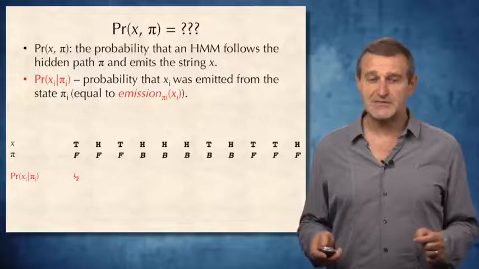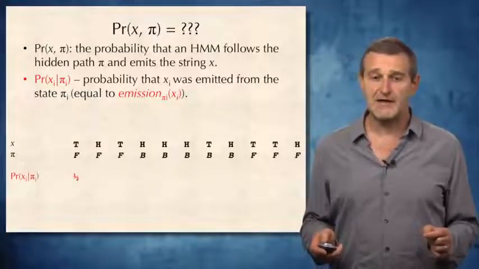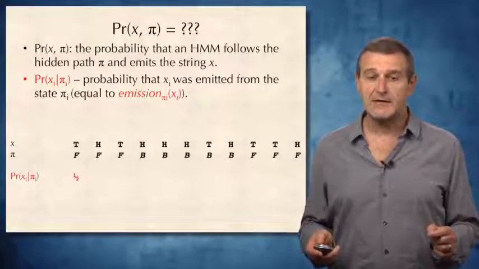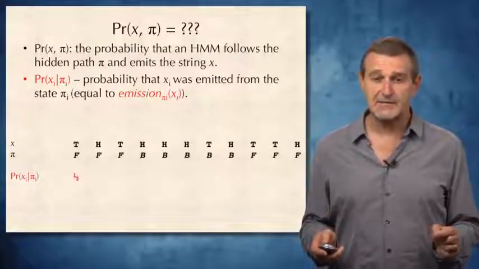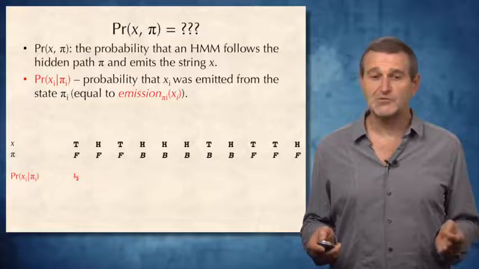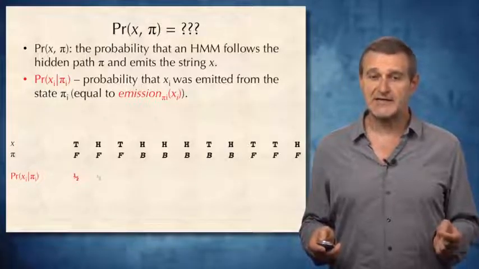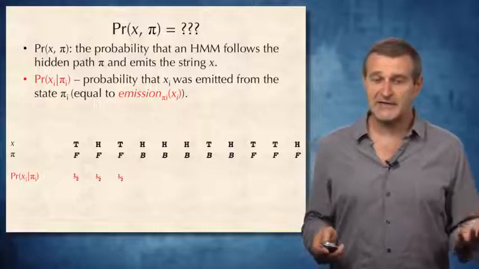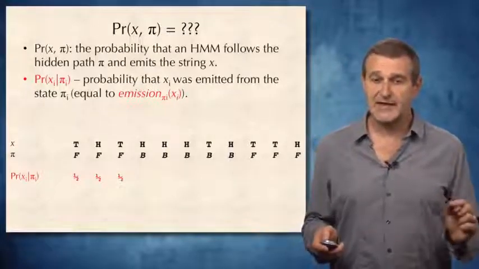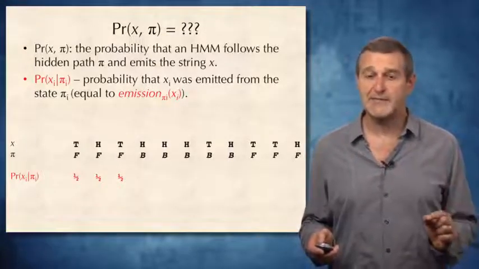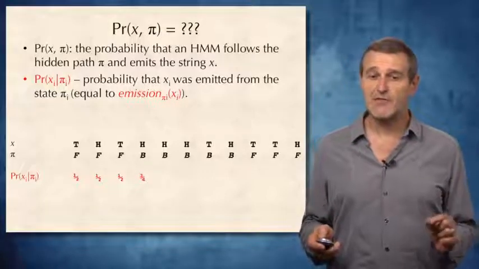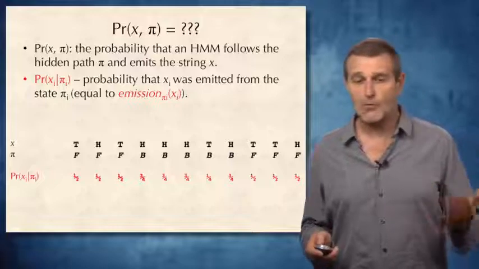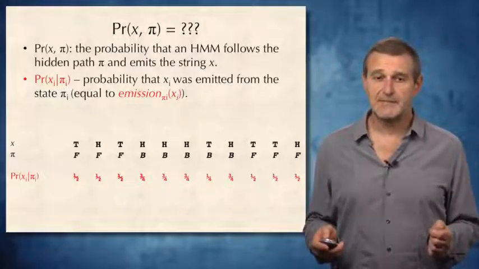For the first column, we have the fair state emitting tails, which is of course 1 over 2. Then the fair state emitting heads, which is again 1 over 2. The fair state emitting tails, 1 over 2. And now the biased state emitting heads, which is 3 over 4. If we continue like this, we will find all these probabilities.